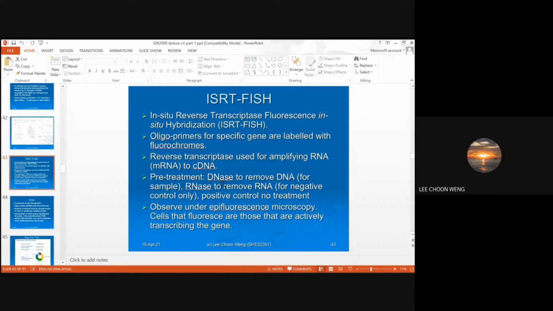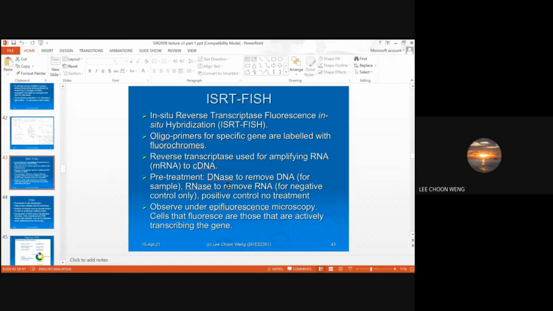If you're looking for presence, you can look for the DNA. But if you're looking for activity, you have to look for RNA. And with all methods based on RNA extraction, RNA processing is very tedious. You need very clean methods and approaches because RNA is labile, and RNA contamination can easily occur.